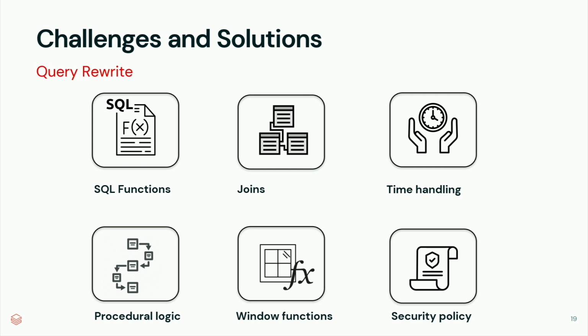Together, with all these 6 areas and all this effort, we delivered fast, secure, and fully functional queries on Databricks. So the summary here is that the prime challenges were around SQL, the joins, and the procedures, and where we used AI was to do the SQL translation.